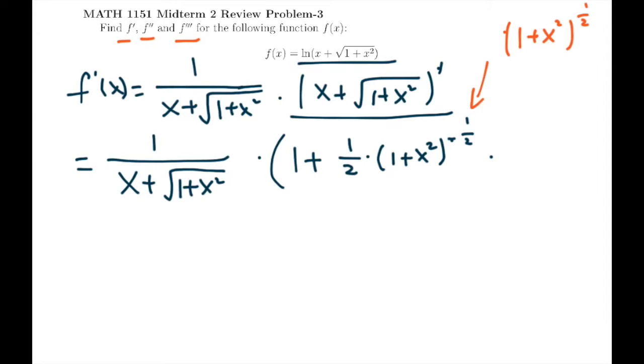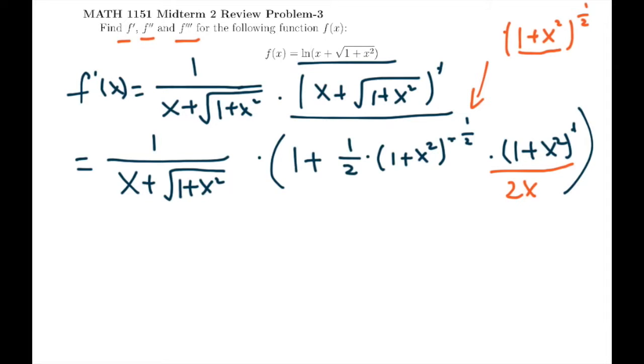But now we can see that this inside function is another function with respect to x, so we need to further take the derivative of this inside function, which is 1 plus x squared. If we take the derivative of 1 plus x squared, it is just 2x.